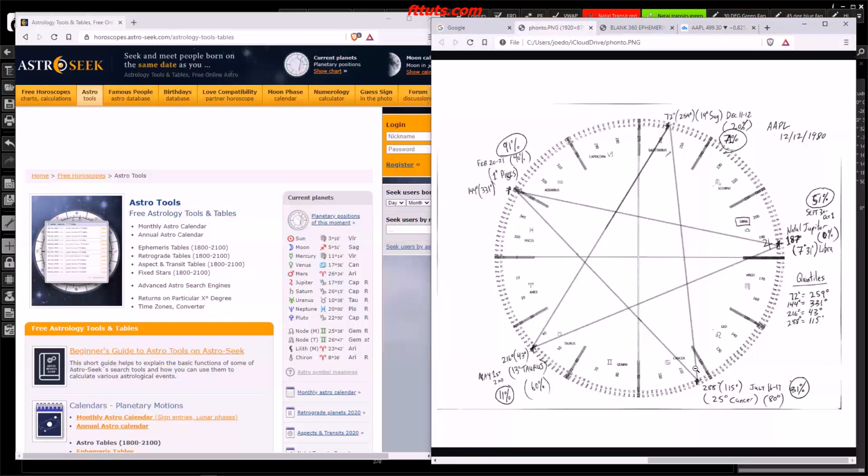Essentially you've got planetary positions. These degrees represent an actual position in the planetary orbit. These are geocentric positions, meaning they relate to the planet's orbit from the perspective of a position on Earth.